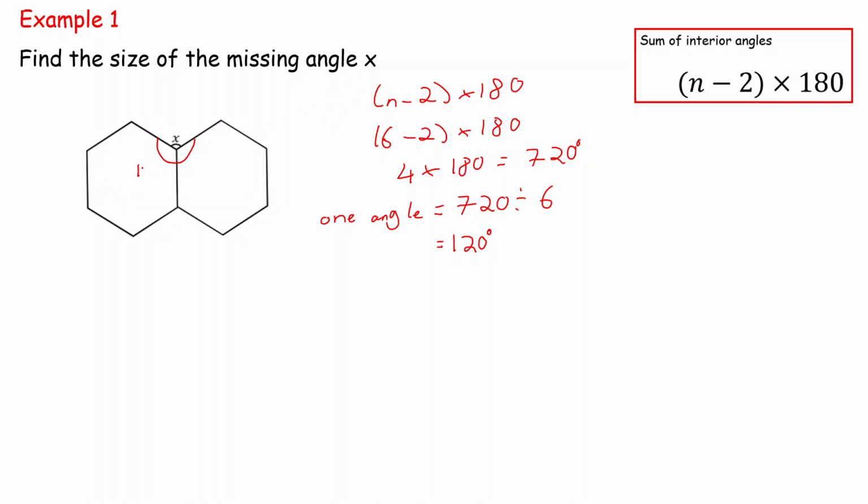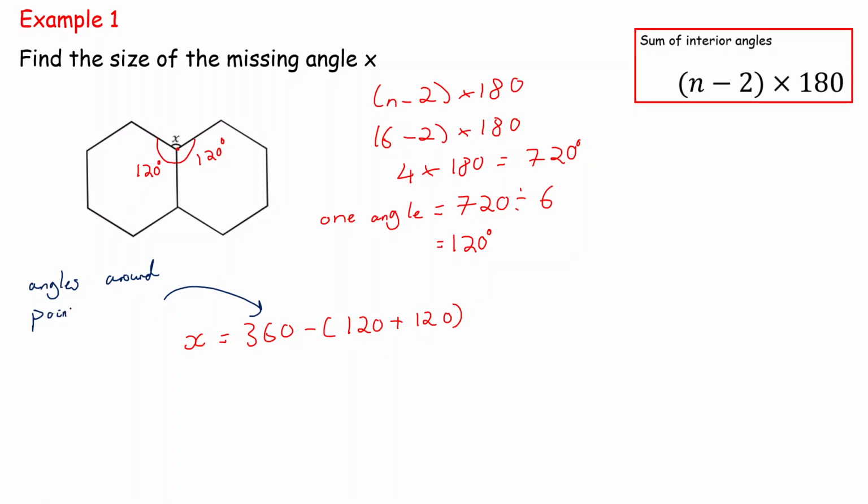Now, this here is 120 degrees, and because these shapes are congruent, they're exactly the same, that must also be 120 degrees. Now to get the missing angle x, because the angles around a point add up to 360, you can say that's going to be 360 take away both of those 120s, so 120 add 120. And just to make it really clear, the angles around a point sum to 360 degrees because it's like a circle, isn't it?